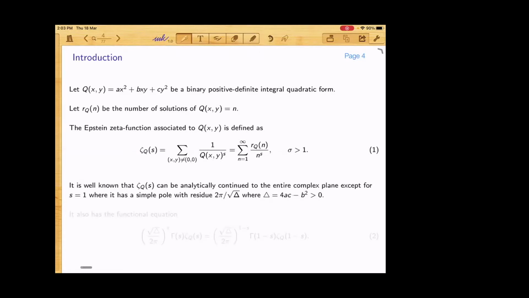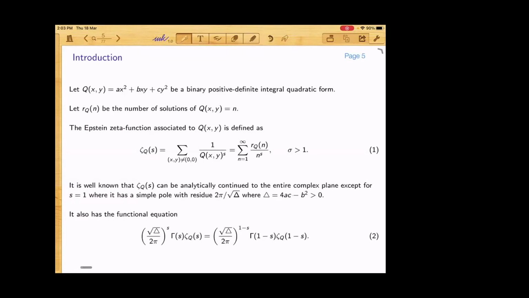All right. And the analytical properties of this zeta function are well known. For example, this Epstein zeta function can be analytically continued to the entire complex plane, except for a pole at s = 1, which is simple, and residue 2 pi by square root of delta. And we will denote delta by 4ac minus b square, which, since it is positive definite, will be bigger than 0.